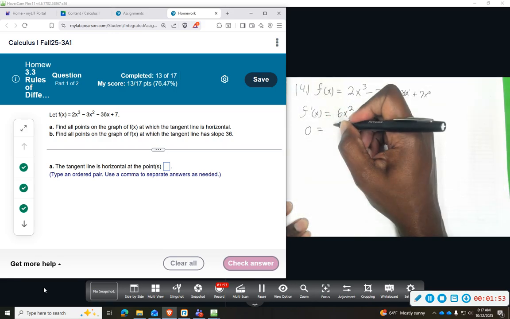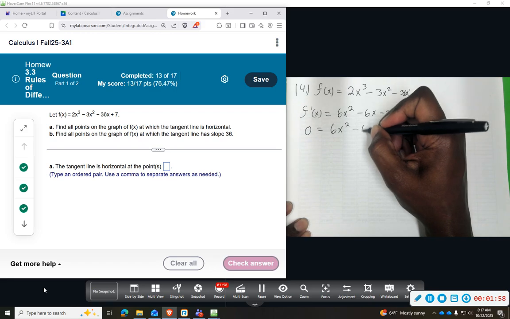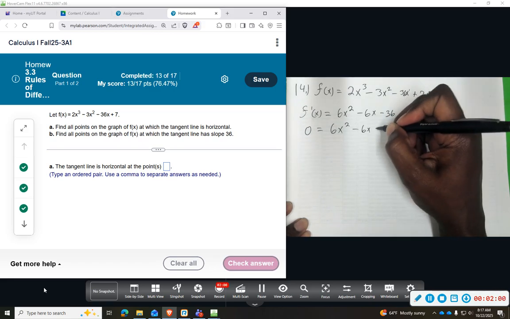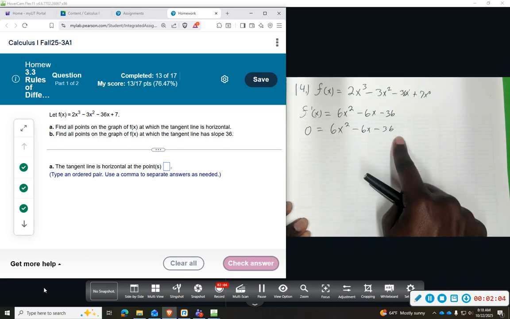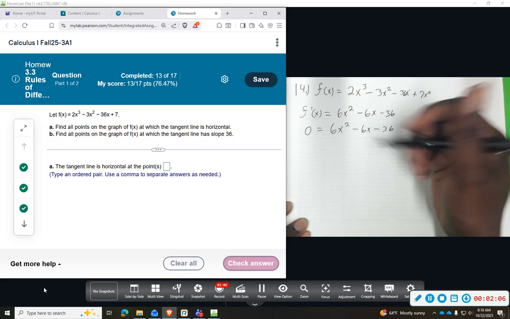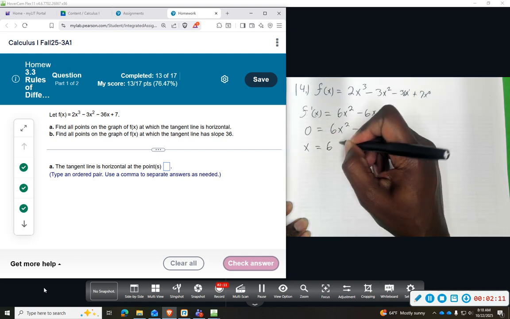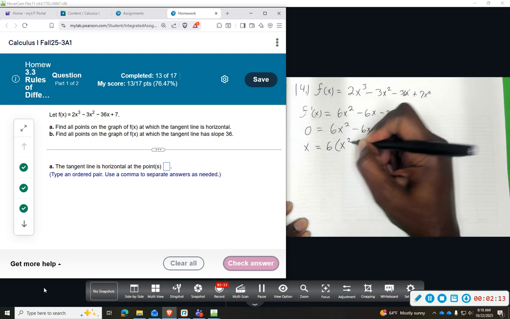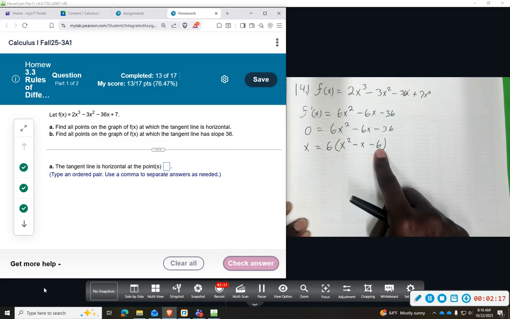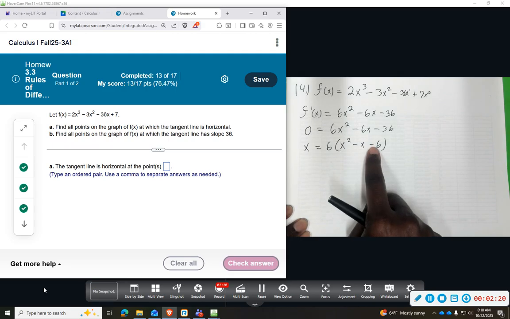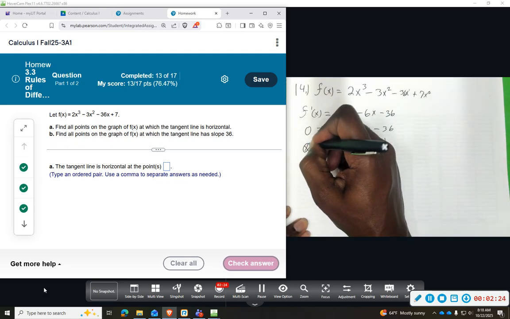And we'll try to factor this quadratic. All of these are divisible by 6, so I'm going to factor out a 6 to make this a little bit easier to work with. And the factors of 12 that when subtracted give us 1 will be 3 and 4.